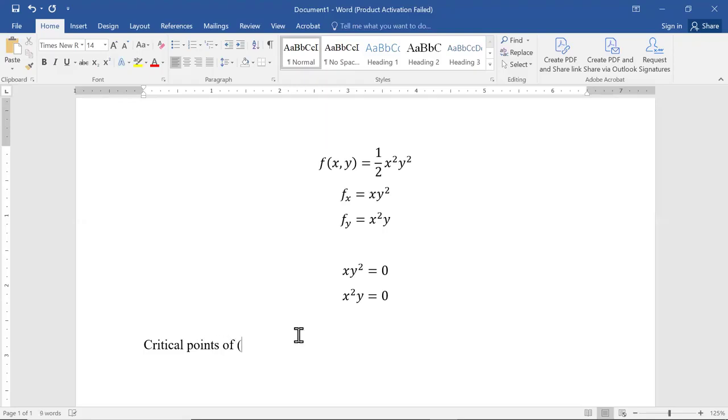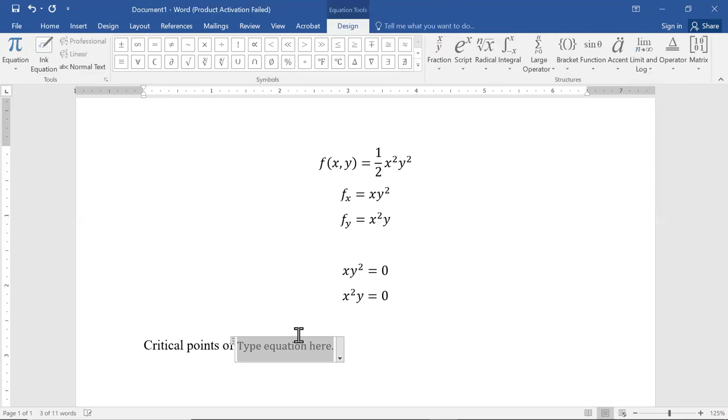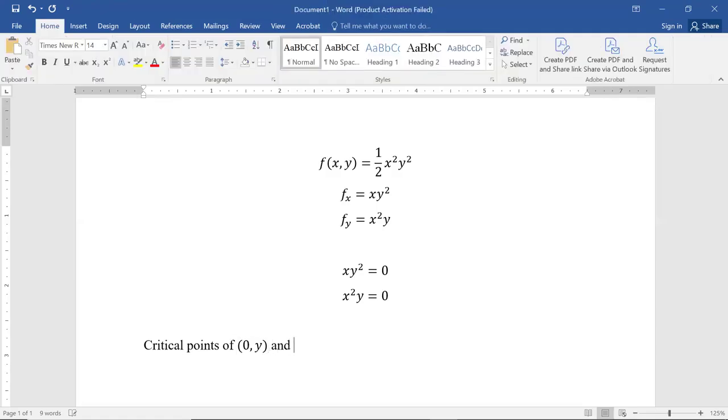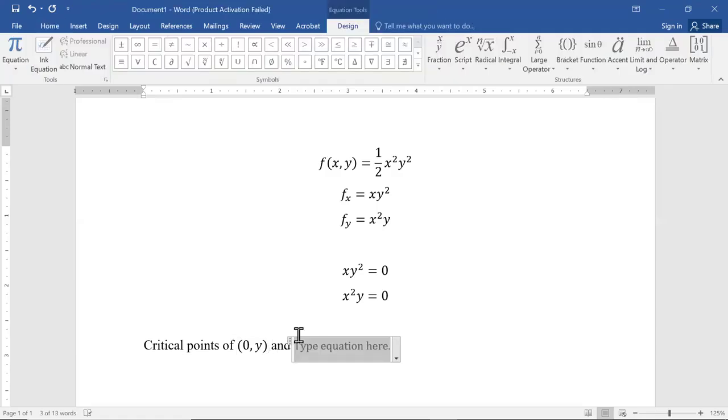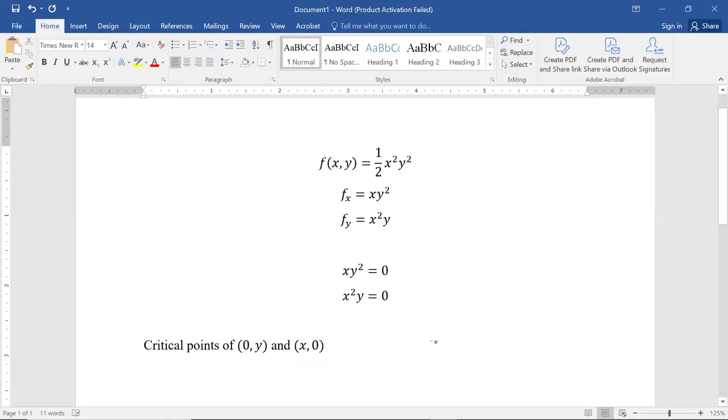Critical points of any x value being 0, along with any y value. And we also get a critical point with any x value where the y value is 0. So we get infinitely many critical points.